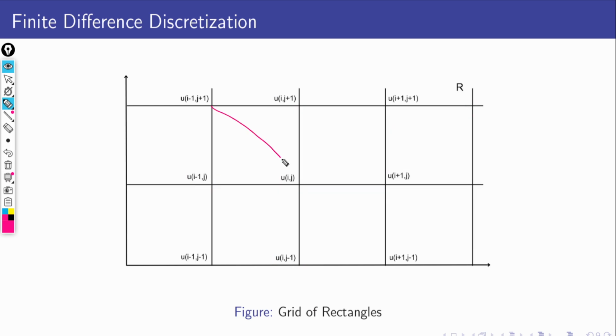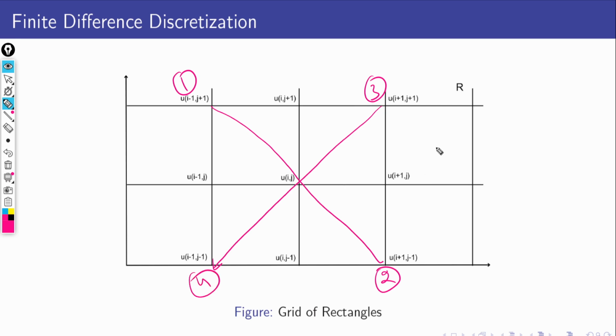Again, if we join the diagonal in this way and in this direction, this is the first point, this is the second point, this is the third point, this is the fourth point. Then uij is the mean of these 4 points, which is 1 plus 2 plus 3 plus 4.